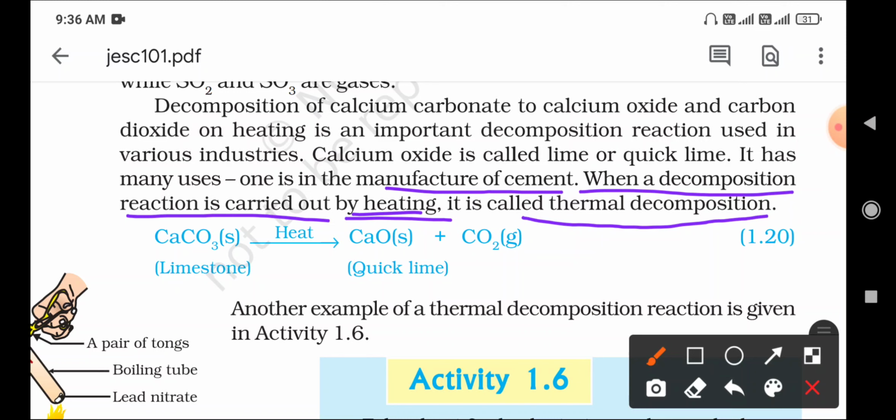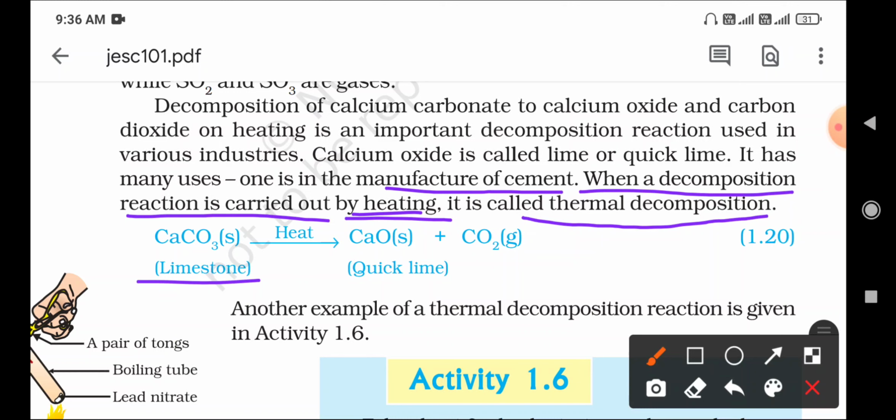You can write the reaction of calcium carbonate, or you can write the above reaction, that is the ferrous sulfate crystal. These are the two equations for thermal decomposition. Both are applicable for the decomposition reaction as well as the thermal decomposition reaction.